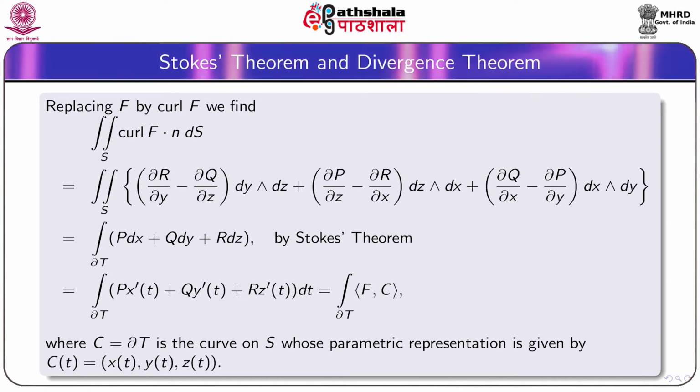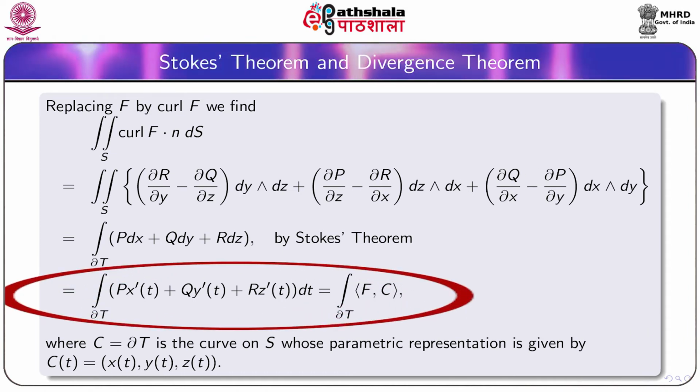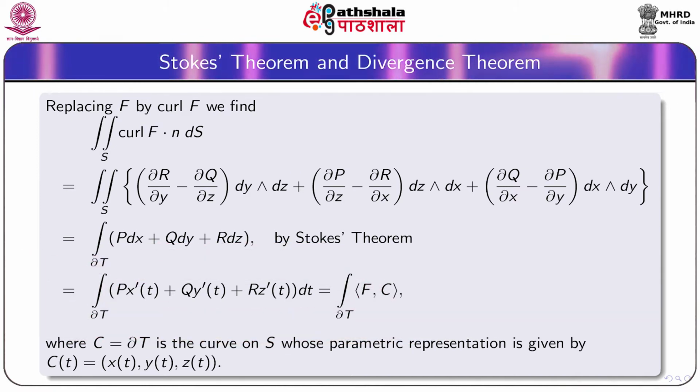So, we can write this as the integral over ∂T of P x'(t) plus Q y'(t) plus R z'(t) dt. So, this equals the line integral over ∂T of the inner product F(c), where c equal to ∂T is the curve on S whose parametric representation is given by c(t) equal to (x(t), y(t), z(t)).